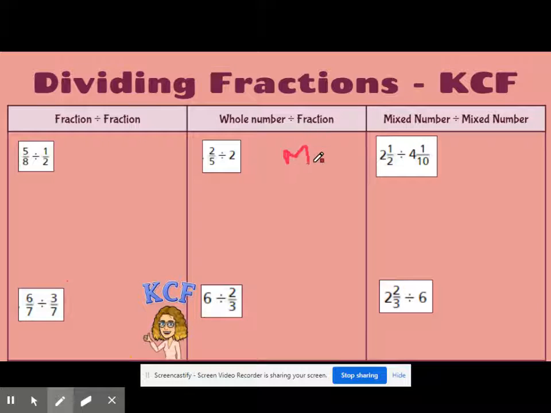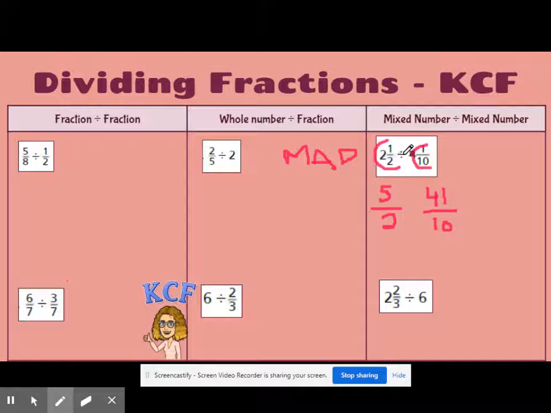We have to make them mad. So that means from the bottom up, you're going to multiply. 2 times 2 is 4. Add, I'm going to get 5. Keep the denominator. Bottom up, I'm going to multiply. 10 times 4 is 40, plus 1 is 41. Keep the denominator.